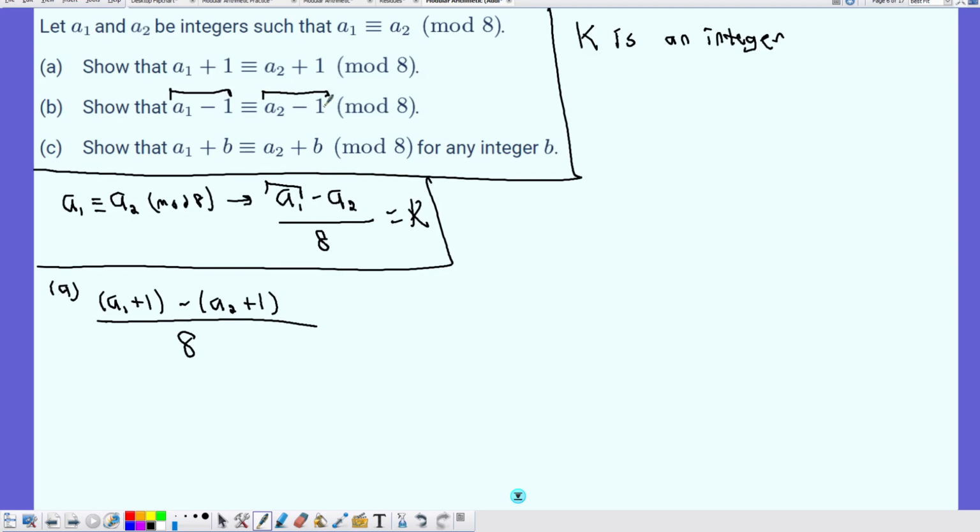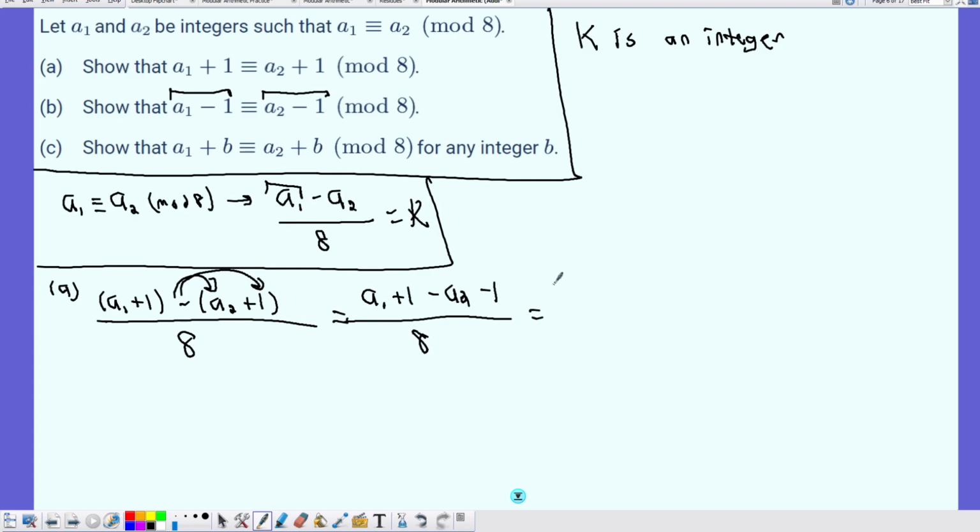So let's simplify. We have a1 plus 1. Then we distribute the negative, so minus a2, and then minus 1, divided by 8. Simplifying further, we have positive 1 and negative 1.